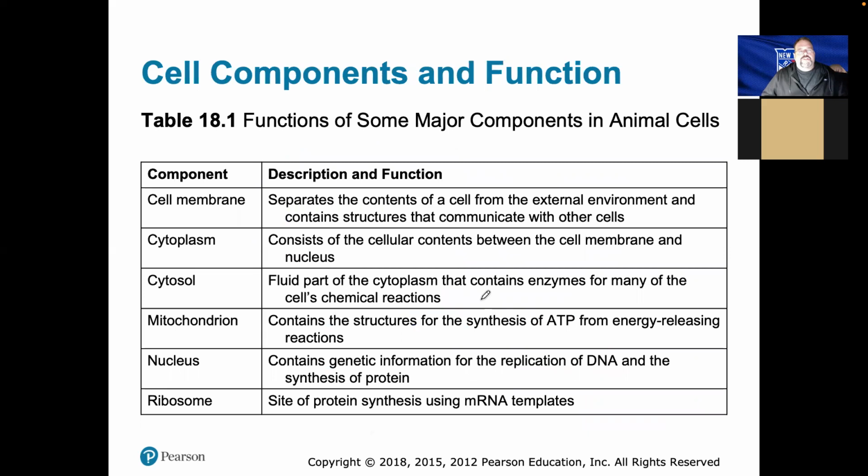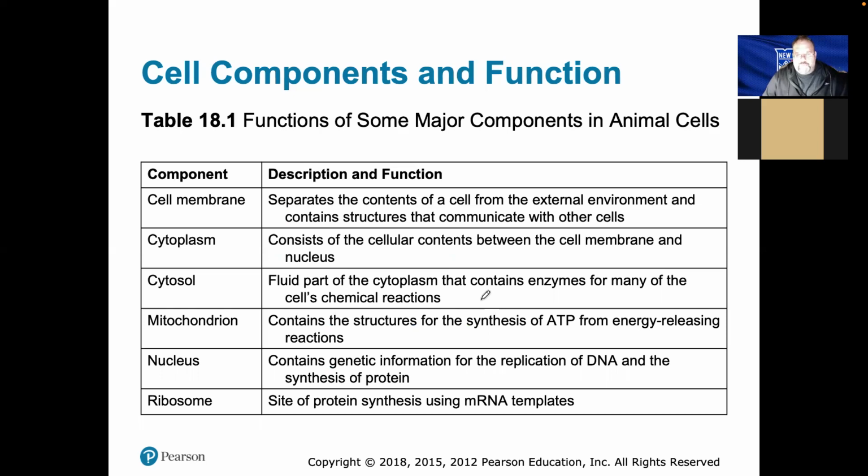All right. But let's just go over the cell components and function. The cell membrane separates the contents of a cell from the external environment and contains structures that communicate with other cells. The cytoplasm consists of the cellular contents between the cell membrane and nucleus. The cytosol is the fluid part of the cytoplasm that contains enzymes for many of the cell's chemical reactions.